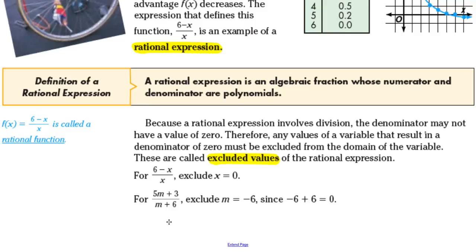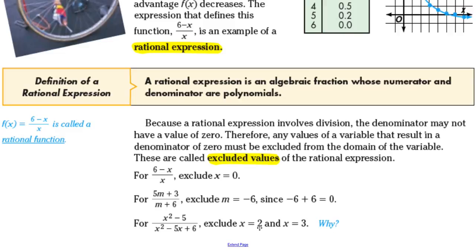And let's take it one step further. So for x squared minus 5 all over x squared minus 5x plus 6, the excluded values would be x equals 2 and x equals 3. Okay? Why is that?